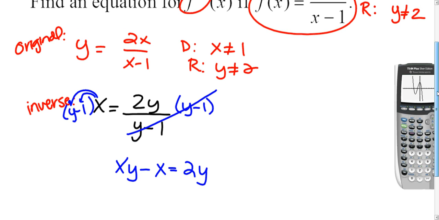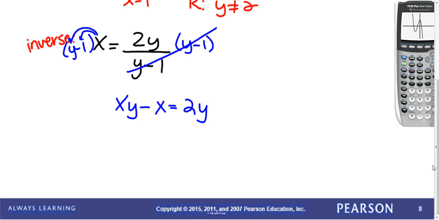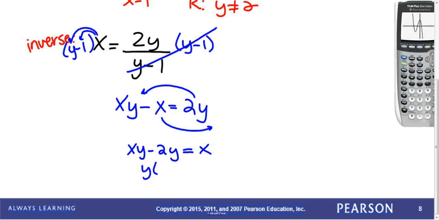Okay, I need to solve for y, so I need to get this to say y equals, which means I need all the y's together. So what I'm going to do next is I'm going to move this 2y to the left side and this x to the right side so that I have xy minus 2y equals x. I will factor a y out of the left side and then divide.